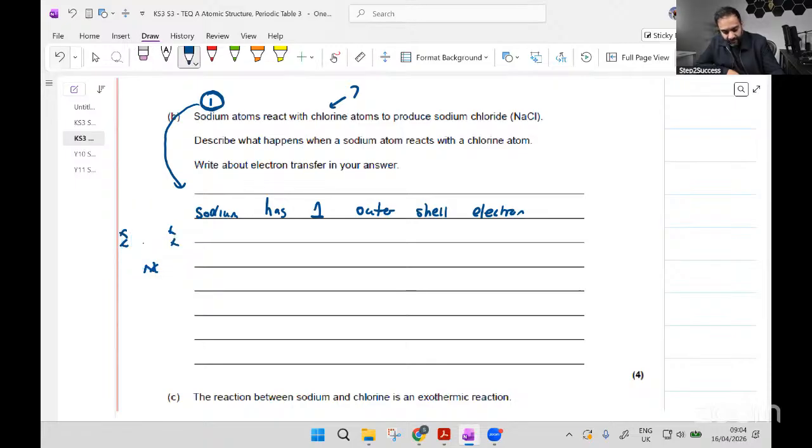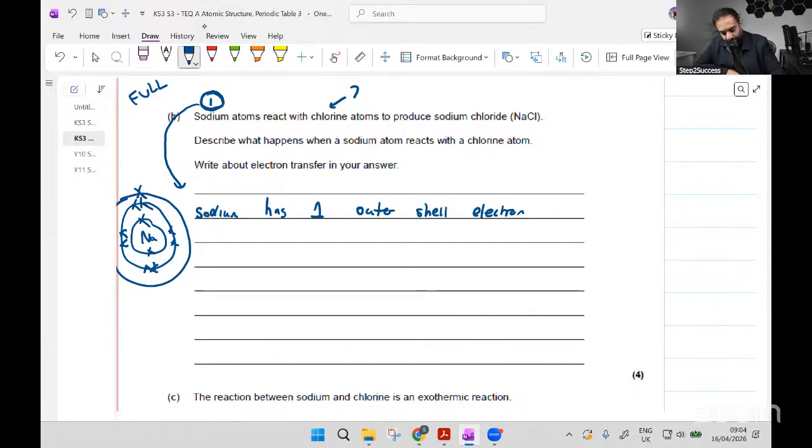In fact, before I go to group seven: because it has one outer shell electron, the thing that all of these atoms want to do is get what's called a full outer shell. The easiest way for sodium to get a full outer shell is to get rid of this one electron, because then the shell before it is full.